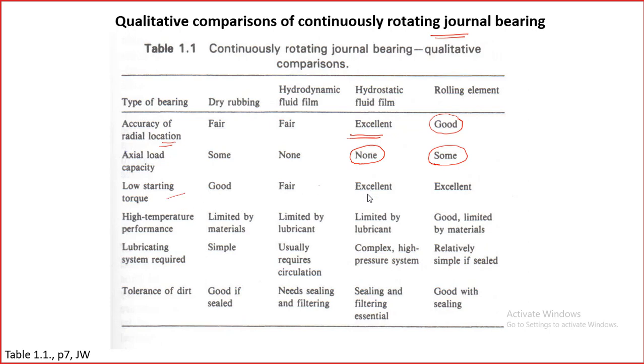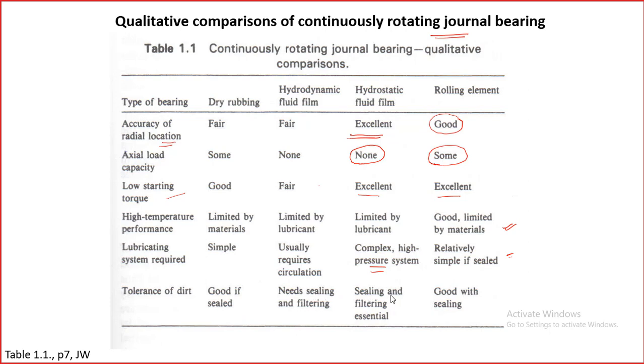Low starting torque, it has excellent, and this is also excellent. High temperature performance, limited by lubricant. This is also limited by lubricant and the materials we used. Lubricating system requirements. The fluid film bearing can be very, very complex, whereas this one is relatively simple.